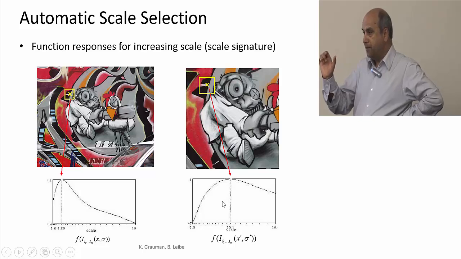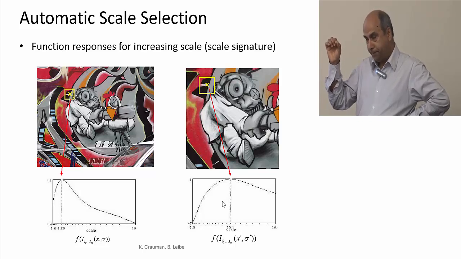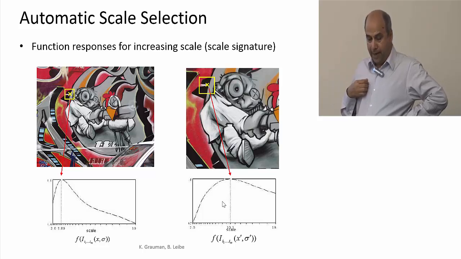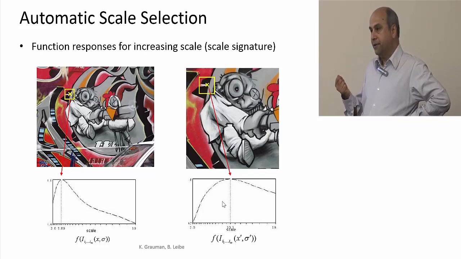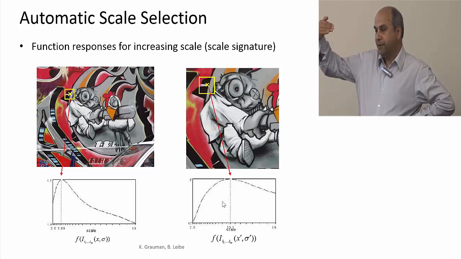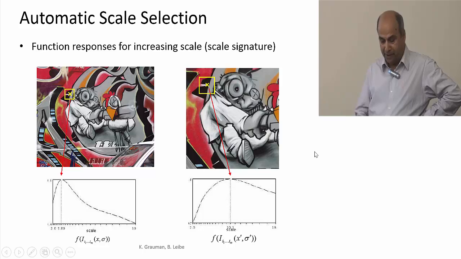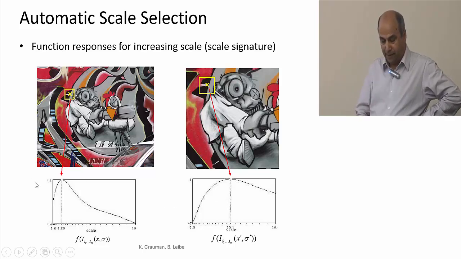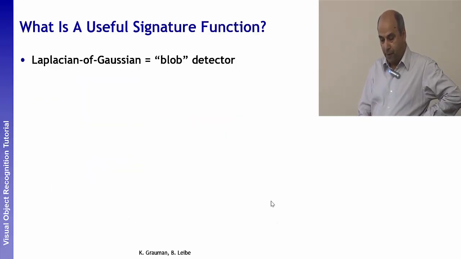So in these images, even though we are looking at the same point, we have to use a different scale to make it meaningful. That's the point. Okay, this is automatic selection of a scale by looking at the whole range of scales and finding the maxima of this response and selecting that scale. For this one, this is the scale. For this one, this is the scale. Okay, so that's one point.